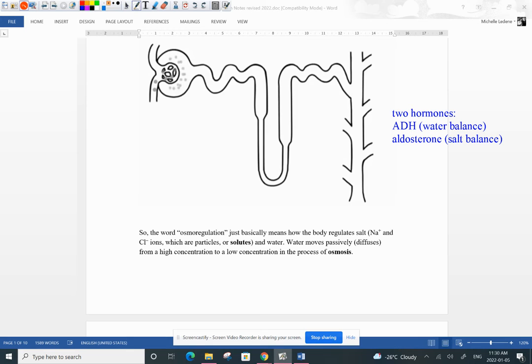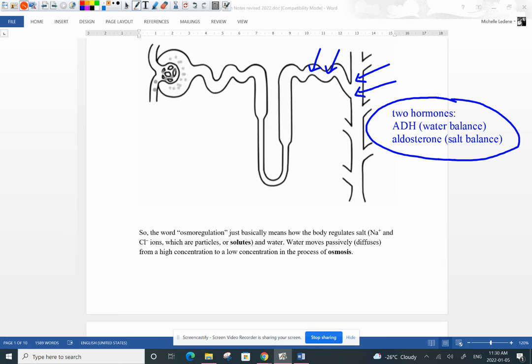So we get the word osmoregulation to refer to water concentrations and also salt concentrations. And so our body has two hormones that are used to regulate salt balance and water balance. And they both act here on the distal tubule and on the collecting duct. So when you need to reabsorb more water or to conserve water, you release the hormone ADH.